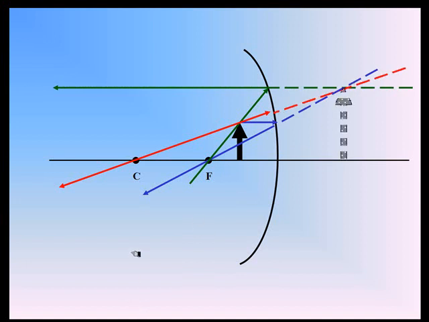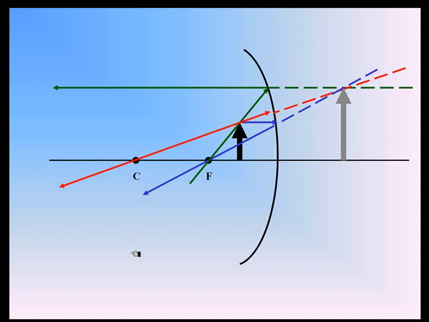And if we draw the image there, we notice some of the characteristics of the image. First of all, it's not upside down, it's right side up. And the fact that it's right side up means it is a virtual image. All right, real images are always upside down. Virtual images are always right side up. So this is a virtual image that is larger than the object. All right, so it's been magnified.